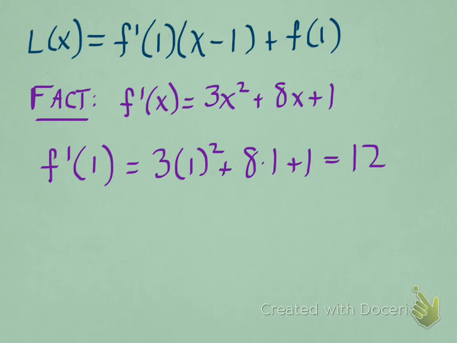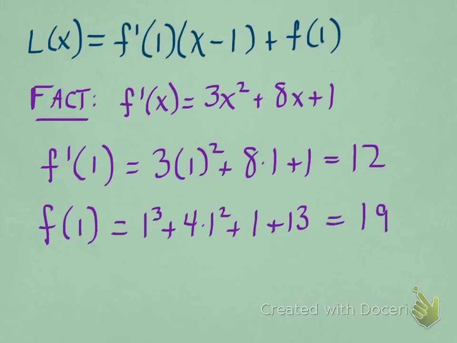So that means that the value of f prime of 1 is 3 times 1 squared plus 8 times 1 plus 1, which equals 12.